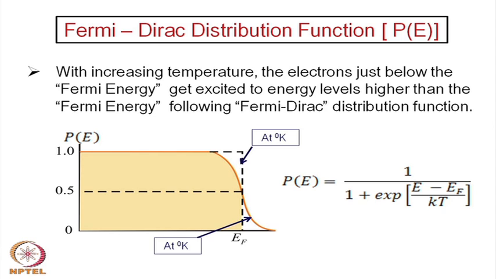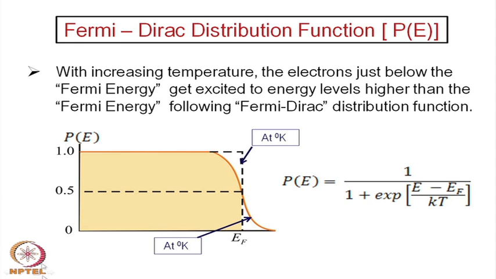If the electrons acquire additional energy from the thermal energy supplied to them, then we have to consider how this distribution changes, and that is given by the so-called Fermi-Dirac distribution function P as a function of E. So, with increasing temperature, the electrons just below the Fermi energy get excited to energy levels higher than the Fermi energy following the Fermi-Dirac distribution function.